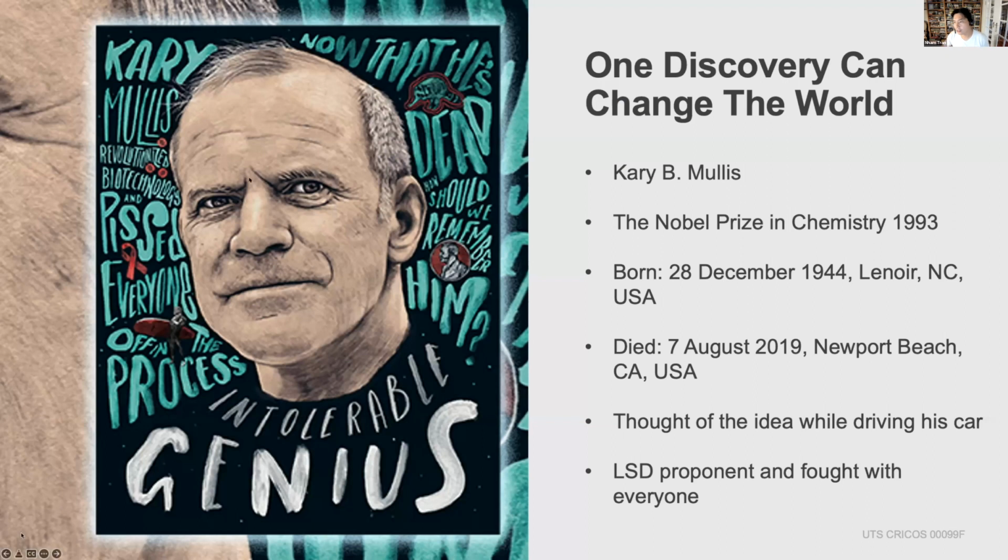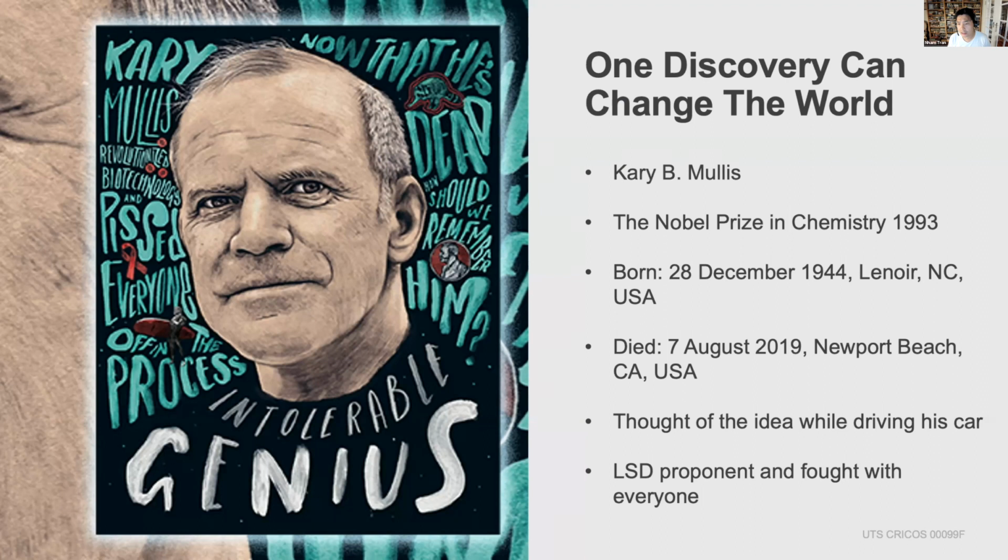So I just want to quickly talk about the inventor, Kary Mullis, because his invention or his idea changed our world. The saying one discovery can change worlds is really pertinent when you apply it to Kary Mullis. He won the Nobel Prize in Chemistry in 1993.